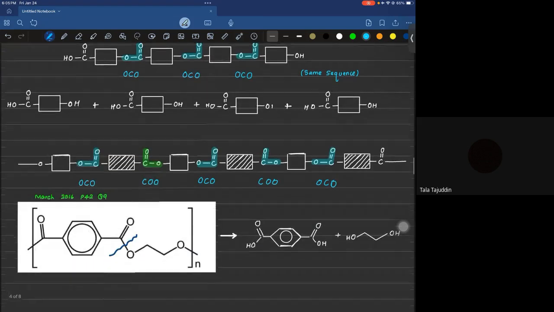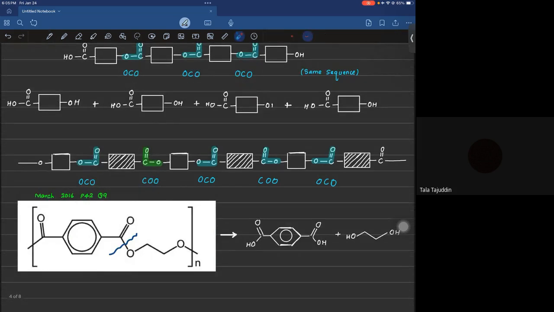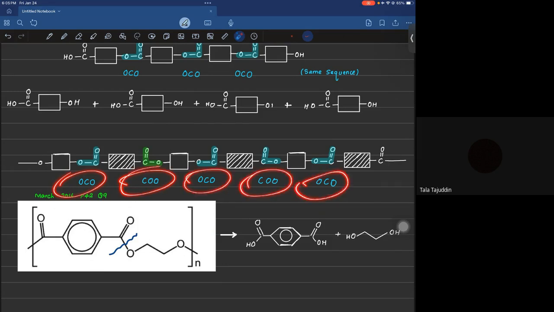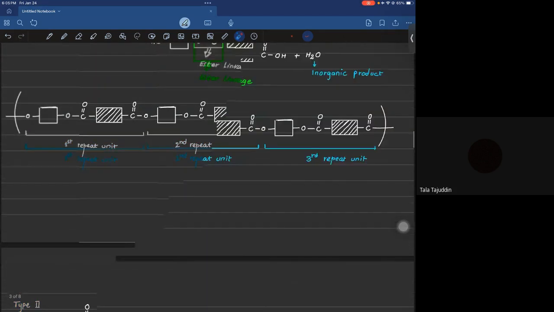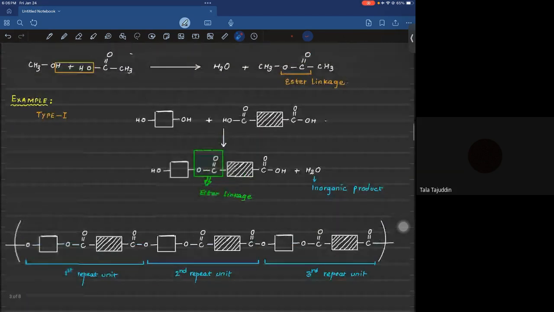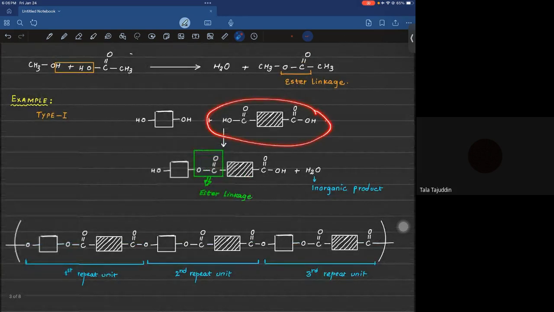But in this one, if you can see, it has OCO, COO, OCO, COO, and OCO sequence. If you have a different sequence like that, it's also a repeating sequence, so you can tell that your monomers are different.